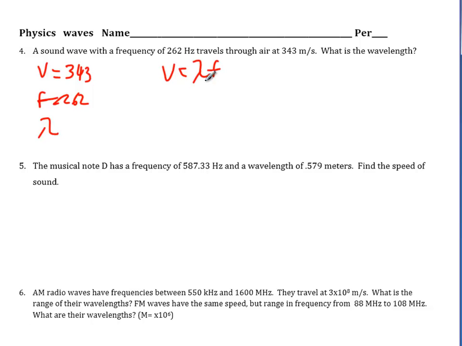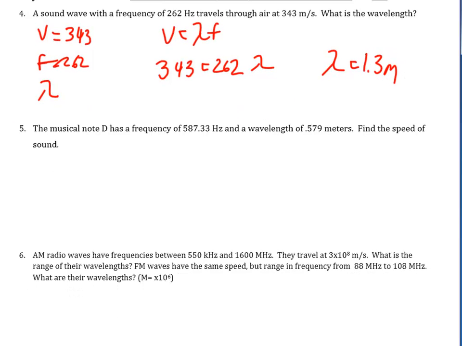So put in what we know and solve for what we don't. 343 equals 262 times lambda. So 343 divided by 262 equals 1.3 meters. We don't think of a sound wave as having a length, but it does.